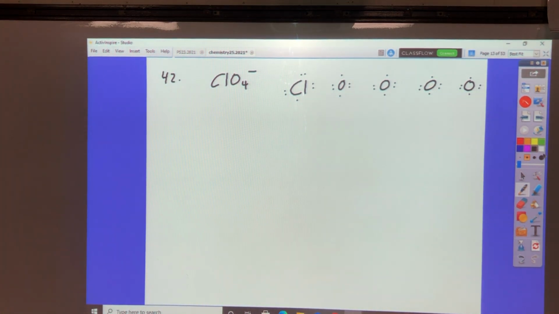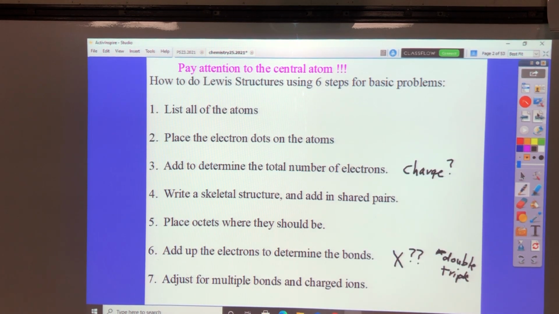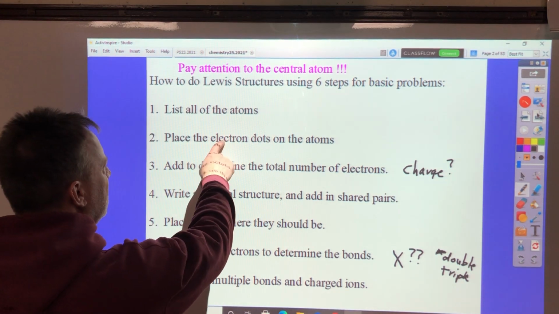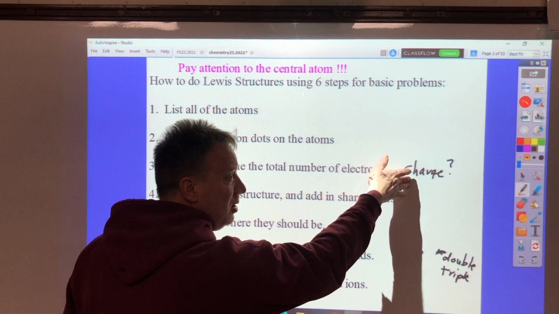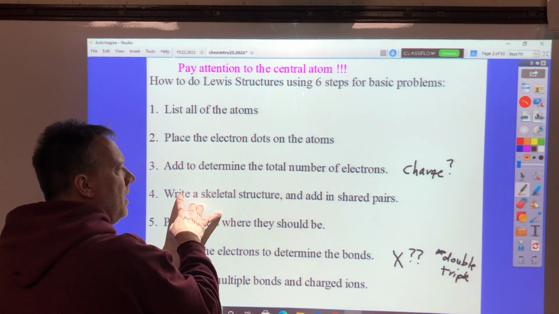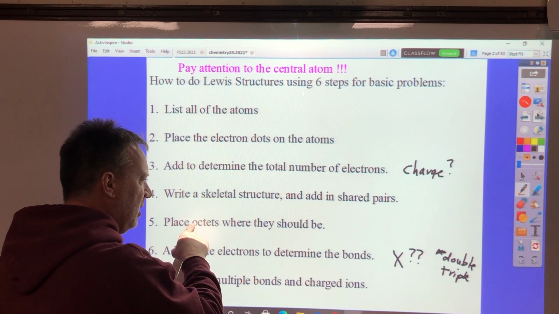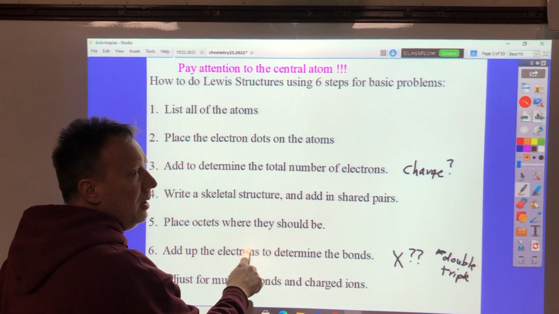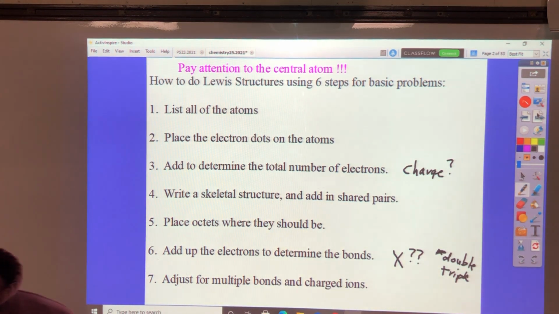So if we go back to the directions, we listed the atoms, place the electrons, dots, we're going to add them up. This time we have a charge, and so I've got to add in an extra electron. We'll put octets in. The electrons should add up this time, so I won't have multiple bonds on this one.